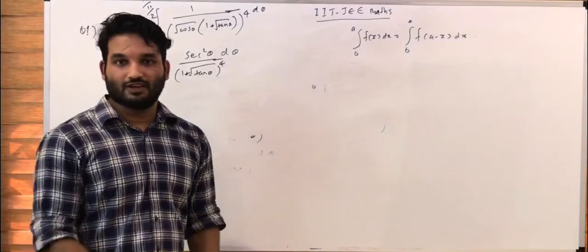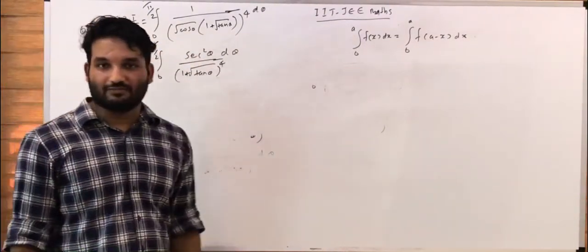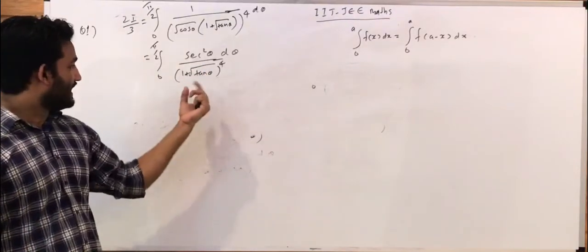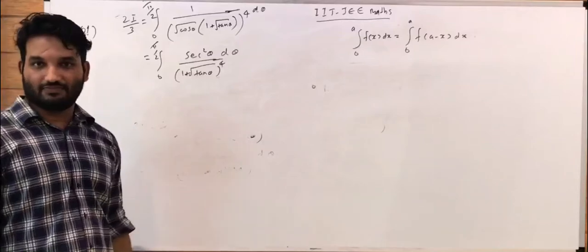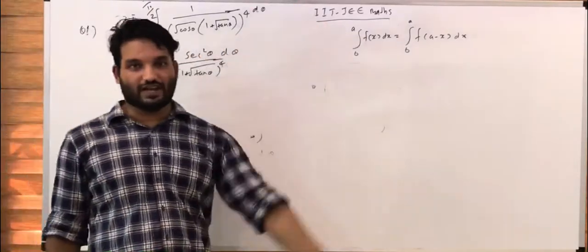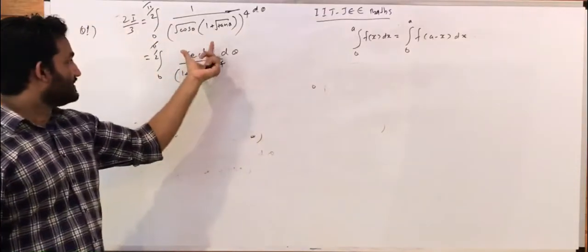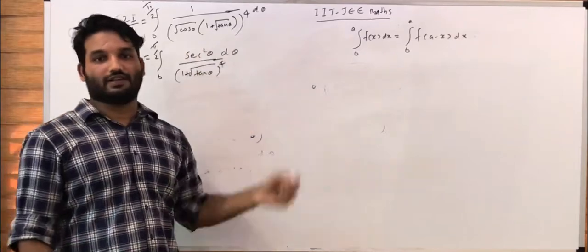Now if we look at the numerator and denominator, we can see the derivative of tan theta is equal to sec square theta. So if we substitute the denominator equal to another variable, the numerator becomes the differential of the denominator.